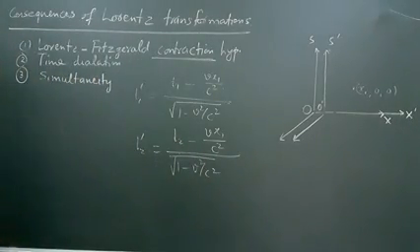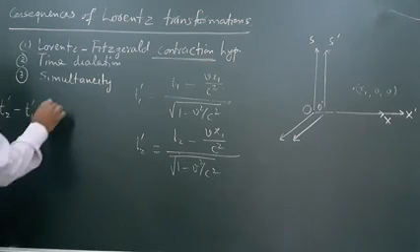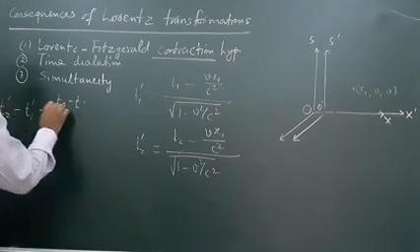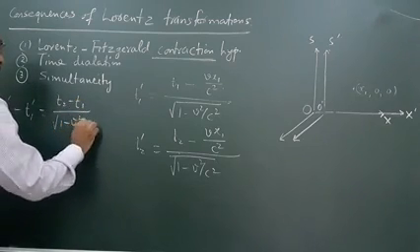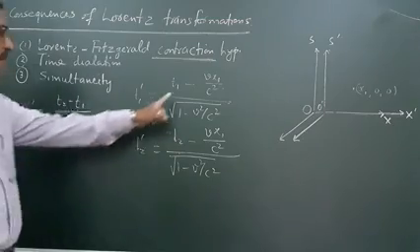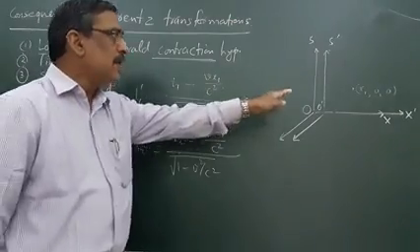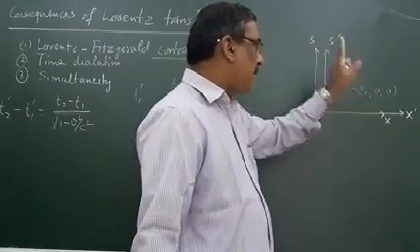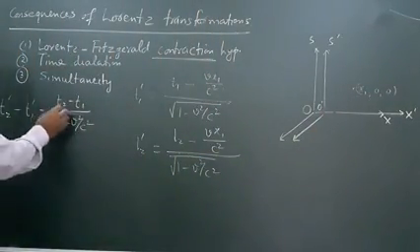Now from these two results we can calculate T2 dash minus T1 dash will be equal to T2 minus T1 upon under root 1 minus V square upon C square, and the second factor will cancel out since it is Vx at the same point, we are measuring the event at this same point at two different times.